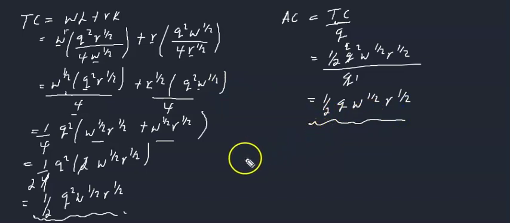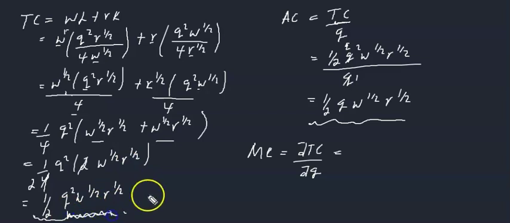Let's go on and find the final one, which is the MC, the marginal cost. And this will be equal to the derivative of total cost with respect to quantity, which is Q. So getting what we found here as our total cost and differentiating that, we will have half here. Then I just want to go step by step.